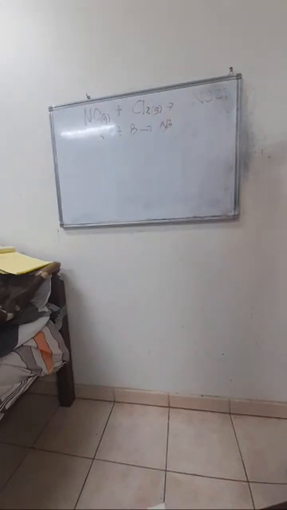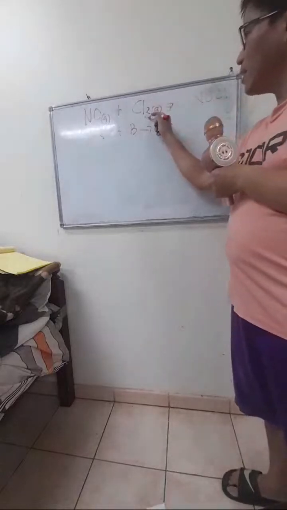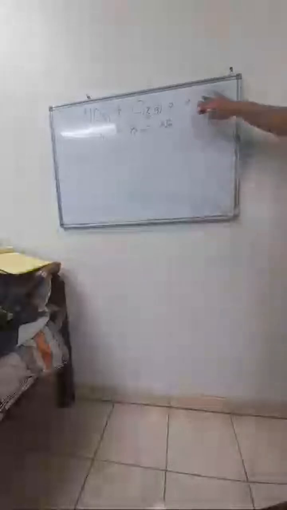Now, the rule in chemistry: if you look at the one element or one compound that has a subscript, you put that coefficient beside the compound, here beside the NOCl compound. You will never put it the same as the pattern of what it does. What is NOCl?